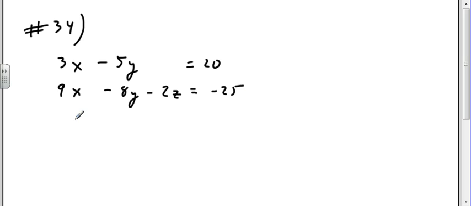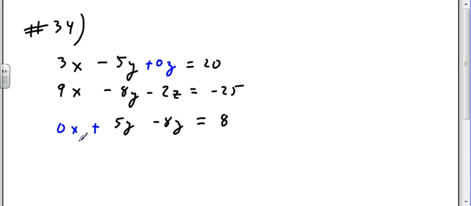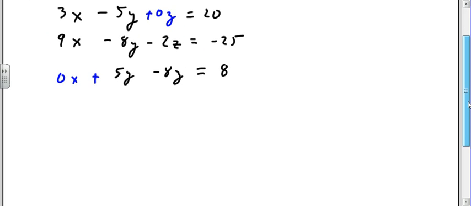And I got 5y minus 8z is 8. Okay. Now, I remember that this is plus 0z, and this is 0x plus. Okay, so when I do my determinants, I have to have those other zeros in. I remember that. I don't write it down, but I remember that I have to do that.